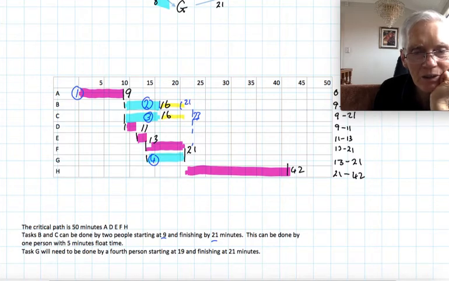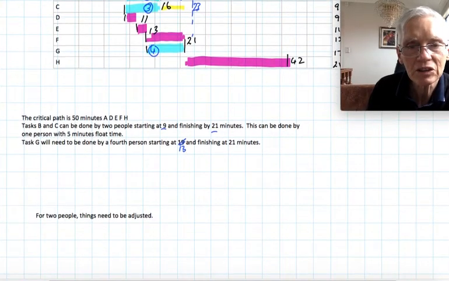So that yellow bit is your 5 minutes float time. G will be done by a 4th person, showing you start at, not 19 and 21, you start at this one here, 13, and finish by 21. Sorry, that should be starting at 13 and finishing at 21 minutes.